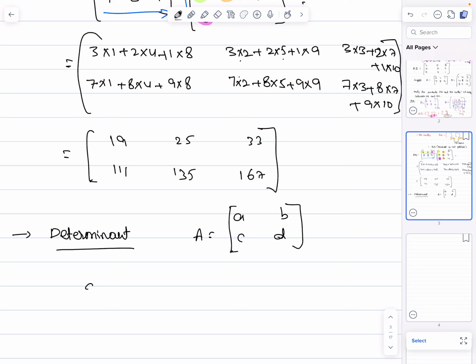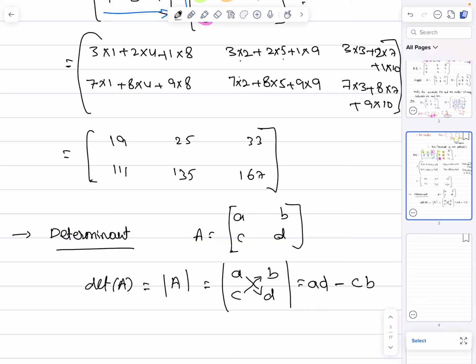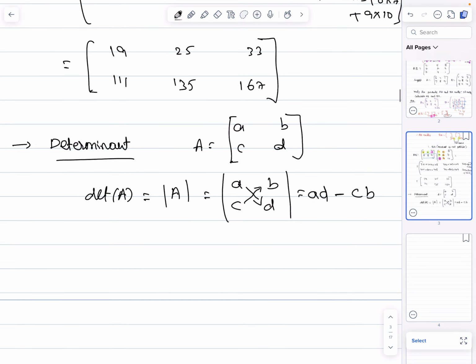The determinant of A is represented by vertical lines around a b c d. Remember these bars must always be vertical. That stands for the product a into d, and whenever you are moving in the upward direction, minus c into b. Remember this procedure, you follow it everywhere.